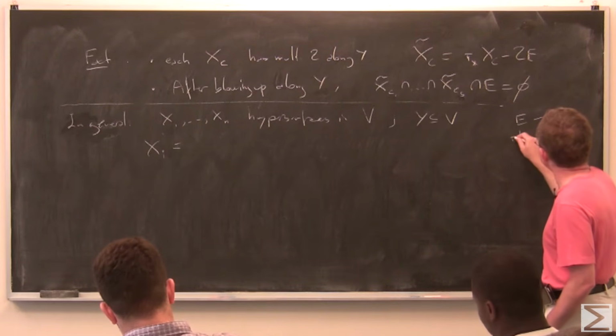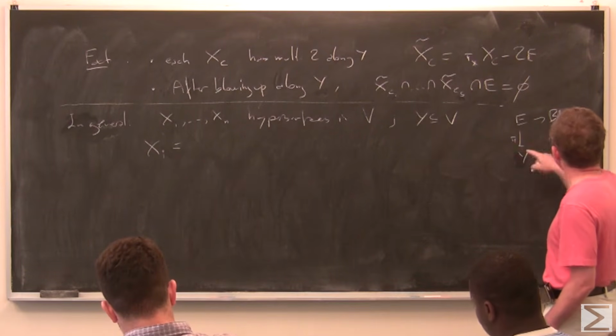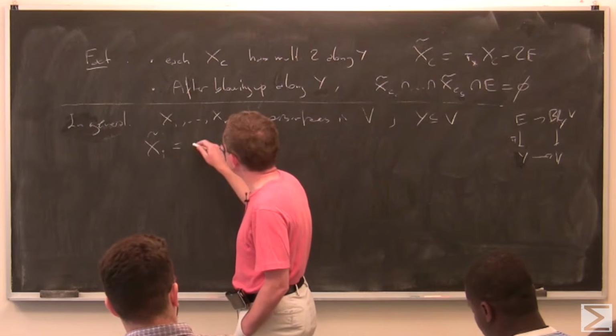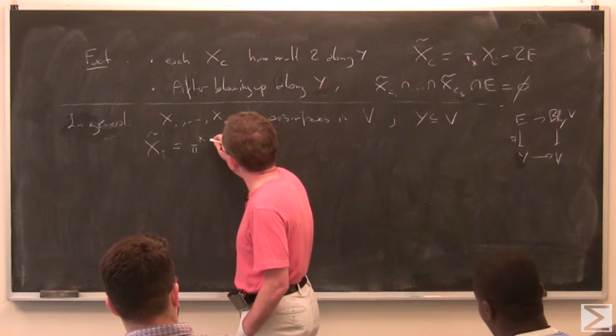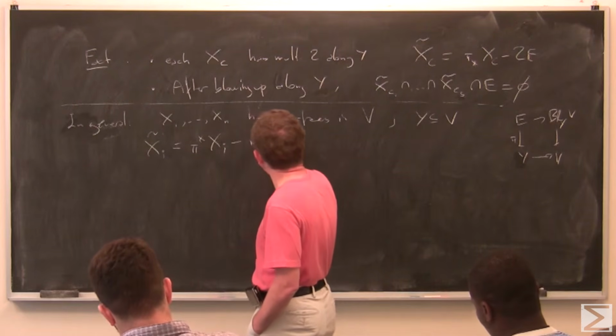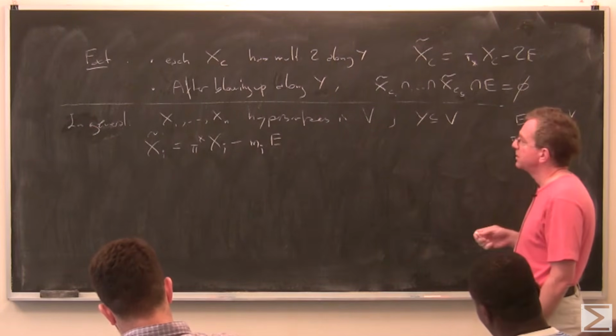Not that I need it, but just so it's here to comfort me. I'm assuming that xi tilde, the proper transform of xi, is the pullback minus mi e. So I'm allowing xi to have multiplicity mi along y.